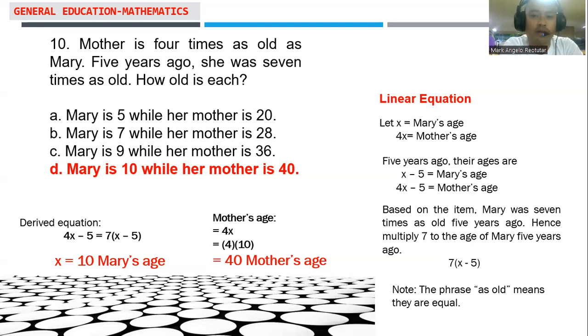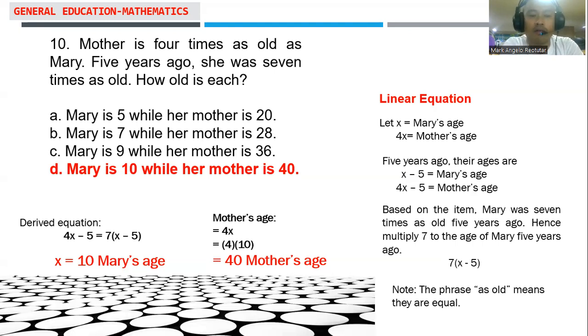So for Mary's age, it will be x minus 5, and mother's age, it will be 4x minus 5. Based on the item, the mother was 7 times as old as Mary 5 years ago. Hence, we multiply 7 to the age of Mary 5 years ago. So magiging 7 times x minus 5.